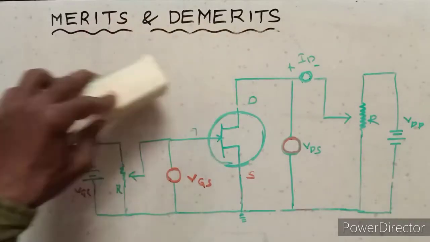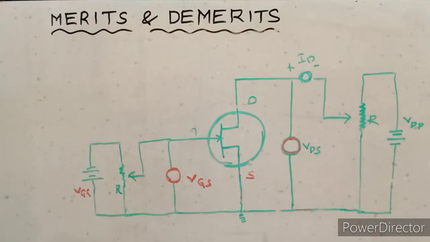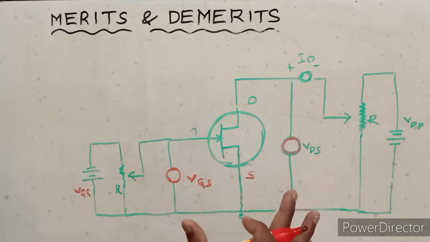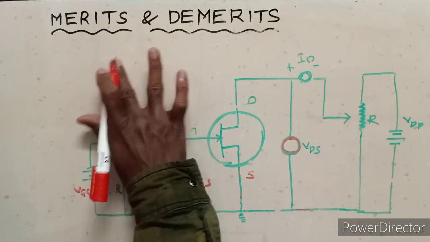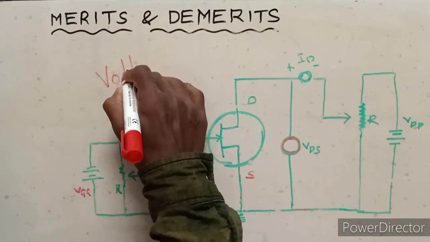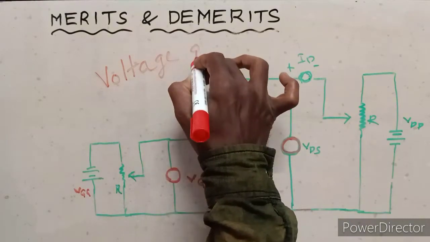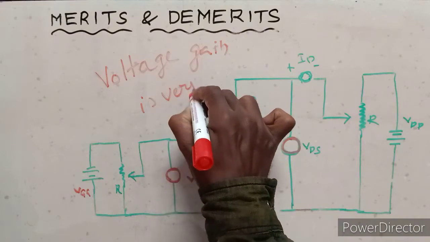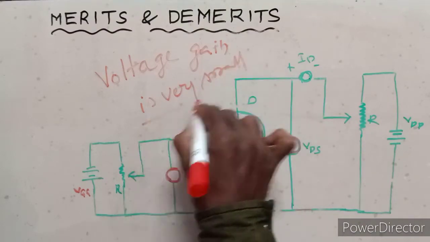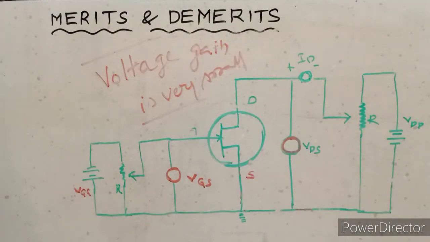What are the demerits? The main demerit is its voltage gain is very small compared to BJTs, because its gain bandwidth is very small.